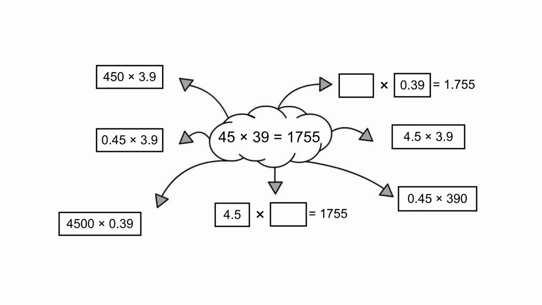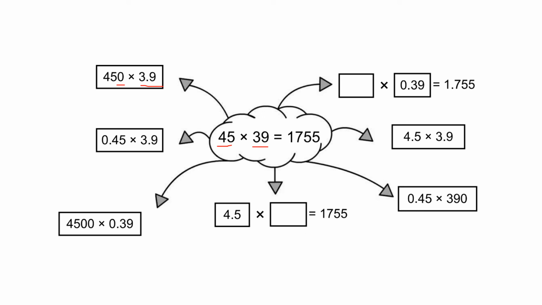So for example, in this one here, we can see that the 45 has been slid one place to the left, or one slide up. The 39 has been slid one place down to 3.9.